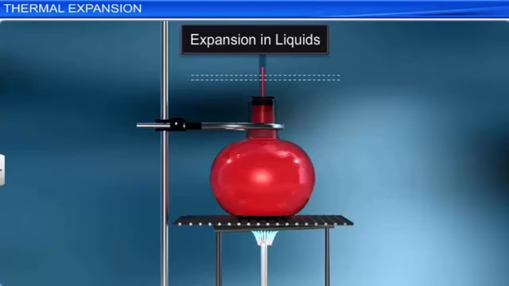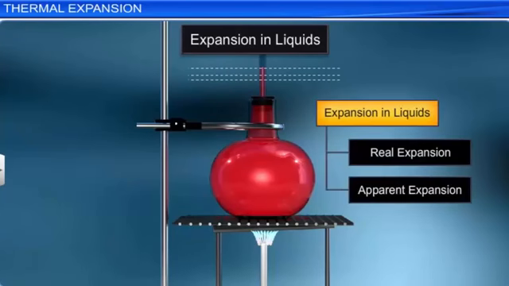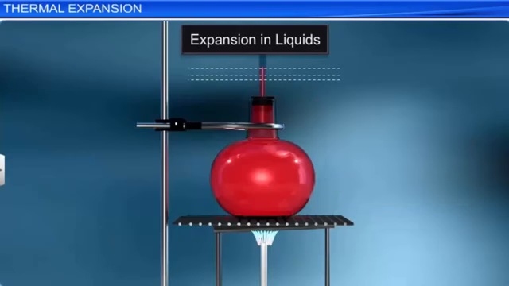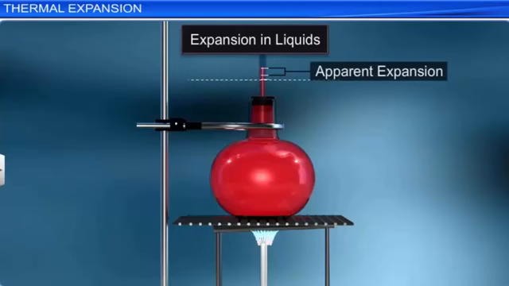Hence, for liquids, we have two categories of expansion, namely real and apparent. The apparent expansion of a liquid is the expansion that appears. The apparent expansion of the liquid is equal to the real expansion of the liquid minus the expansion of the container.